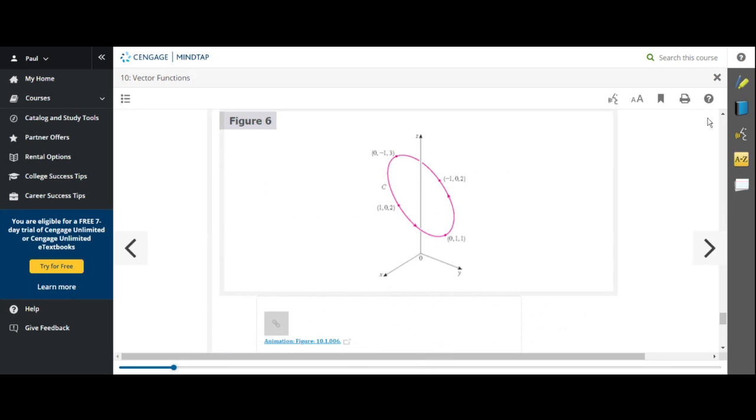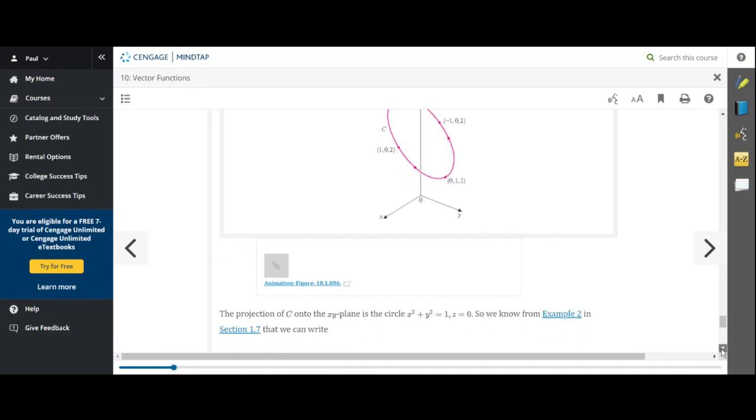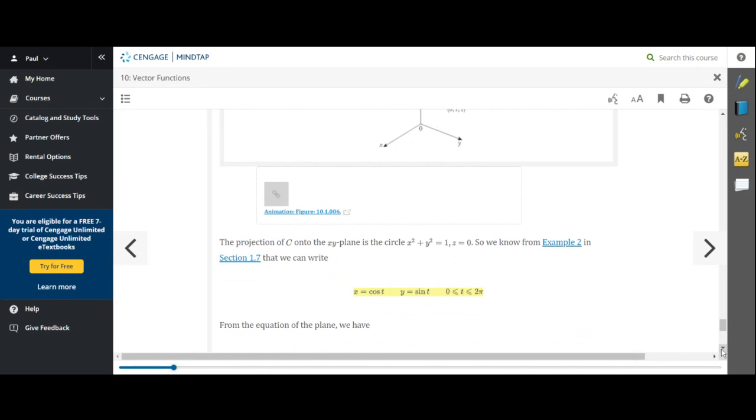Well, what's going to dictate how we get the parametric equation for z? What do we need now to consider? What haven't we considered yet?